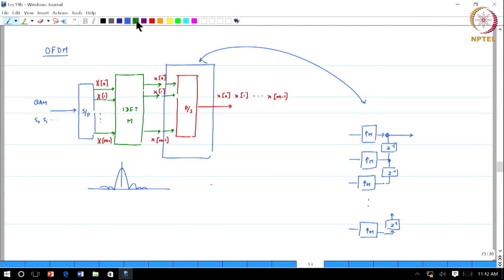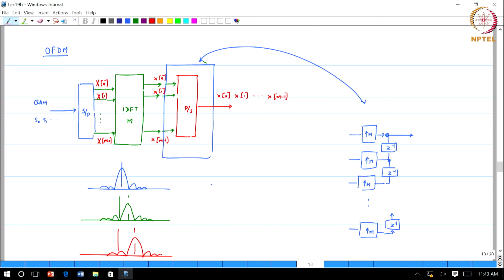The second filter is a shifted version. The third one is basically one more shift. So you can see that these are the shifts.